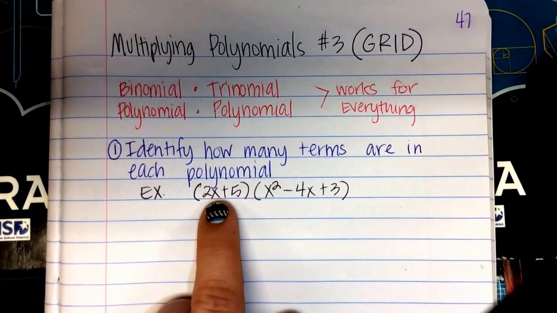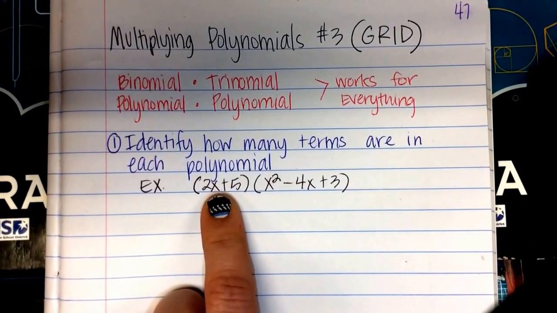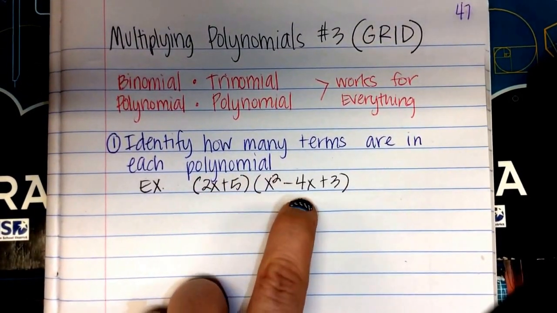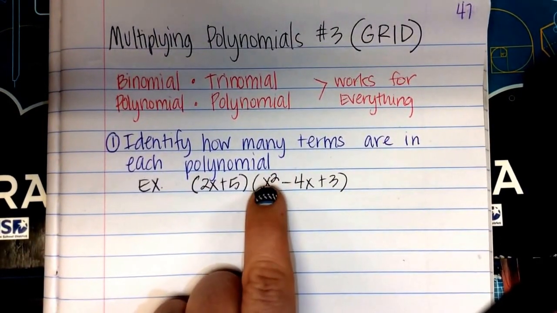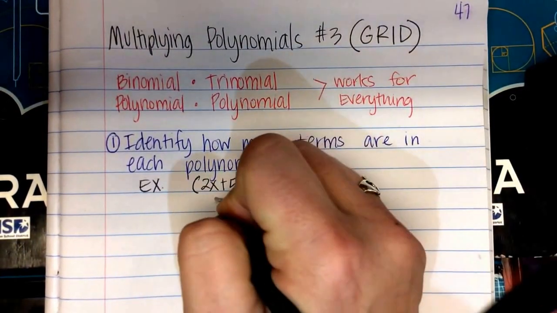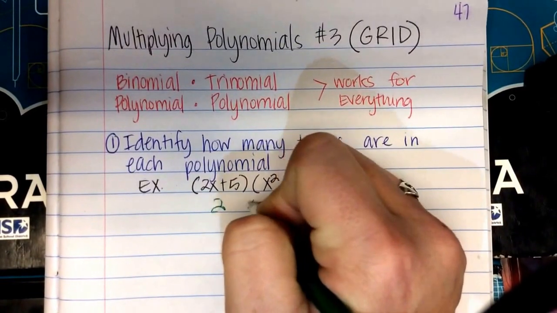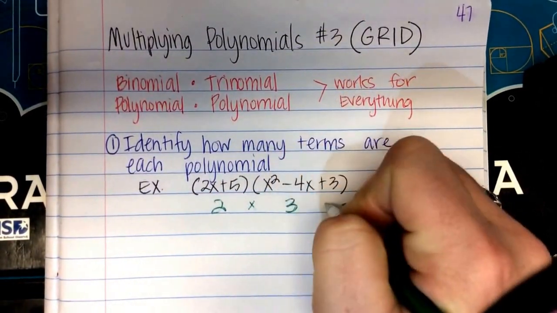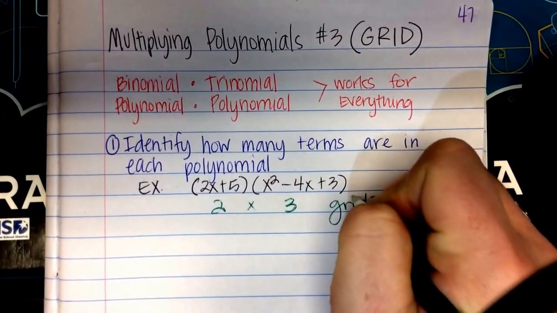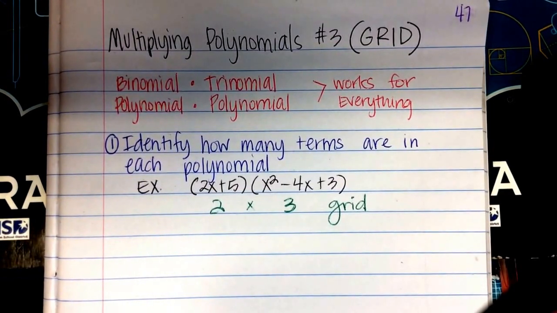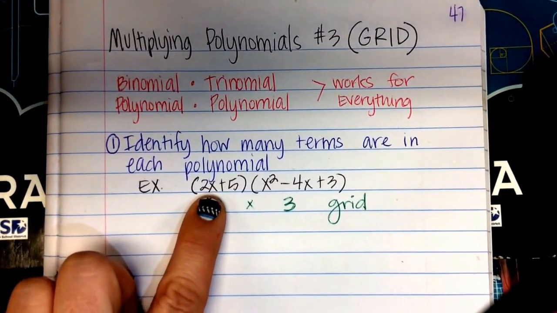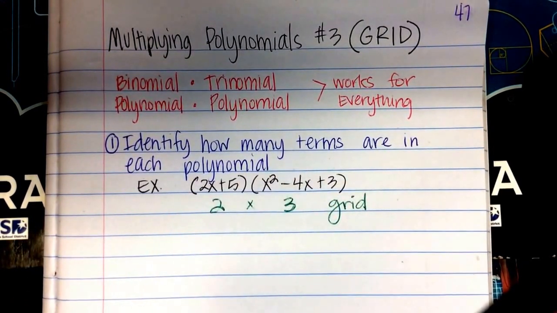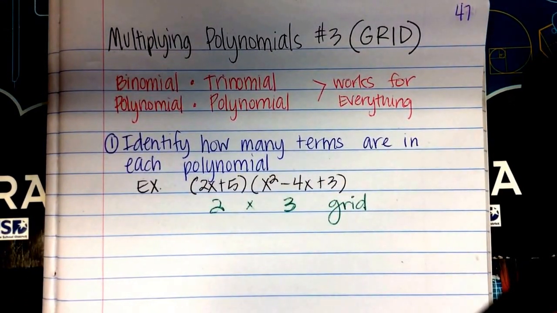How many pieces make it up? 2, it's a binomial. And how many are in this polynomial? 3. So it's a 2 by 3 grid. There are 2 terms because it's a binomial, and there are 3 terms because it's a trinomial. It's a 2 by 3 grid.